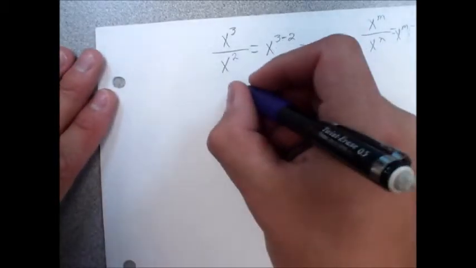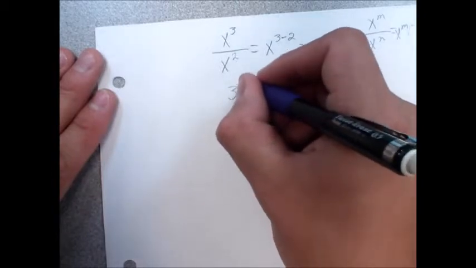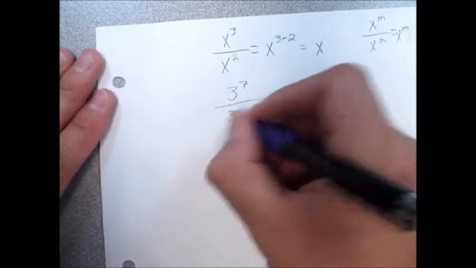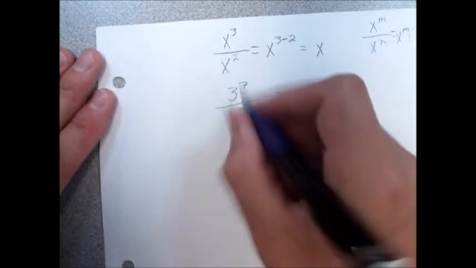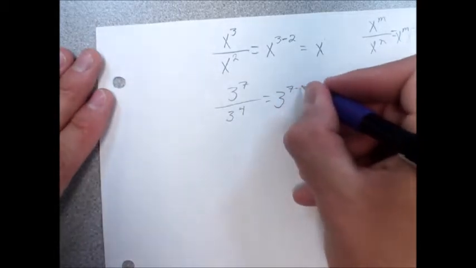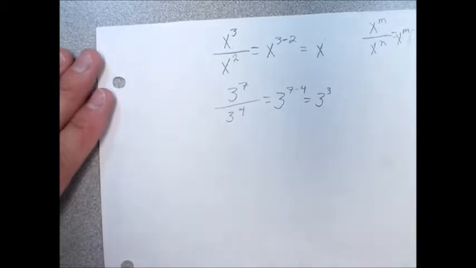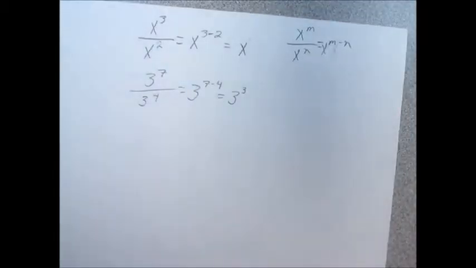If we have 3 to the 7th and 3 to the 4th, I can subtract those exponents because they're like bases, and I would get 3 to the 3rd. Now this works every single time, however you have to be very careful. Remember, we're subtracting these exponents.